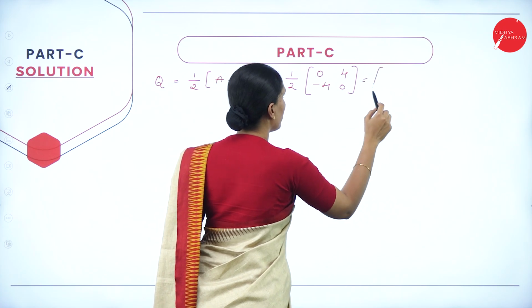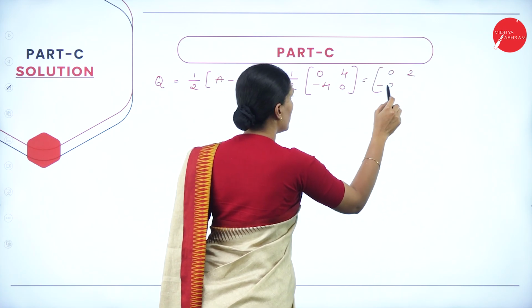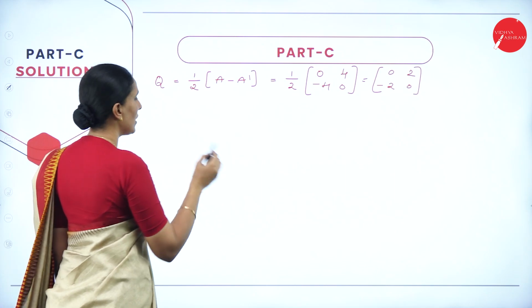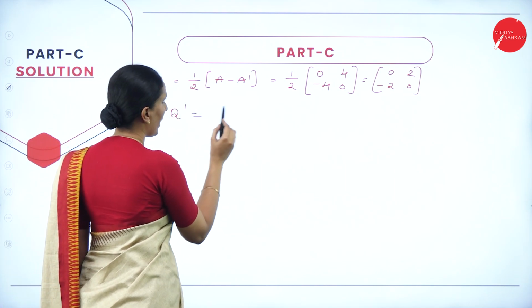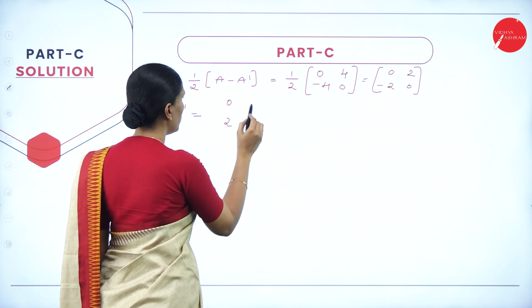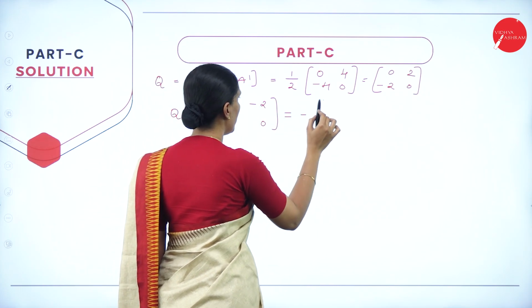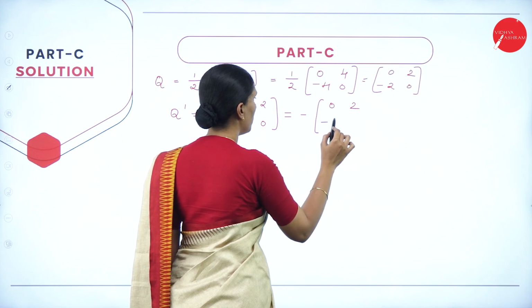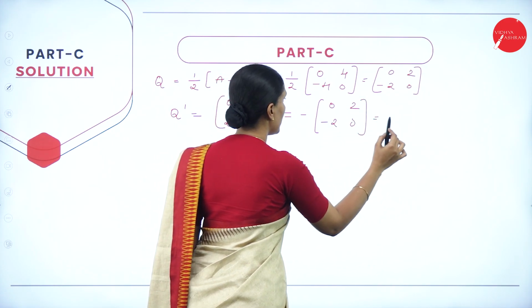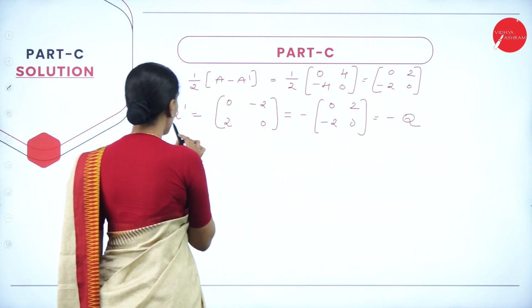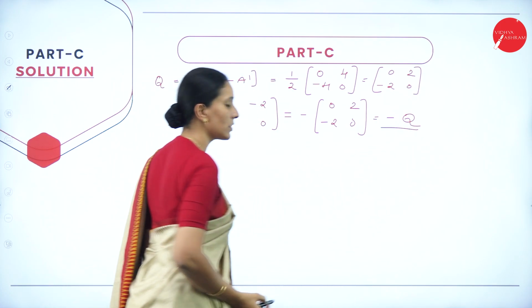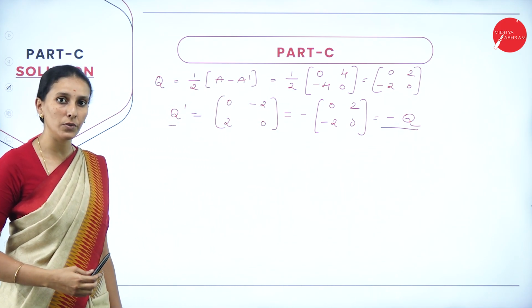After reducing, we will get this as 0, 2, minus 2, 0. Now let's find Q dash. Q dash is 0, minus 2, 2, 0. By taking the negative outside, we will get this as minus of 0, 2, minus 2, 0, that is equal to minus Q. So we are getting Q dash is equal to minus Q, which means Q is skew symmetric.